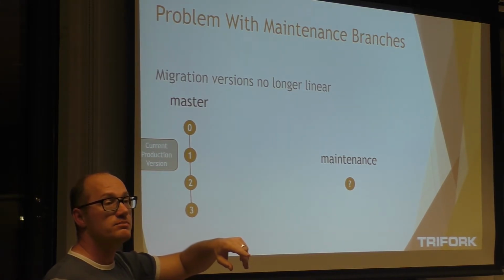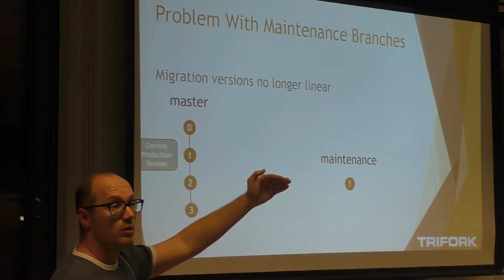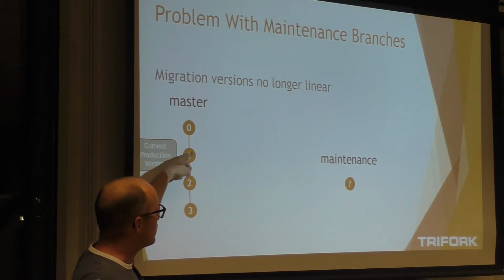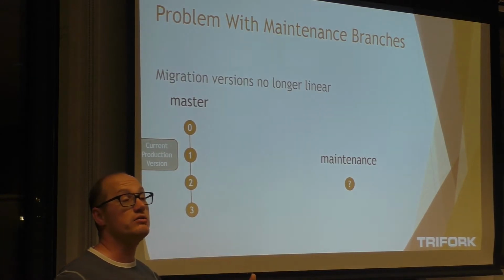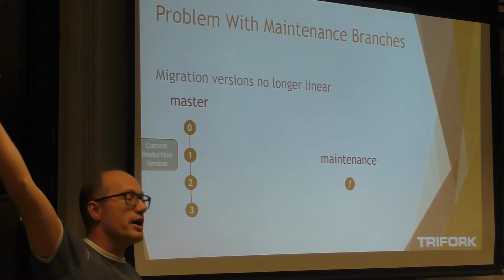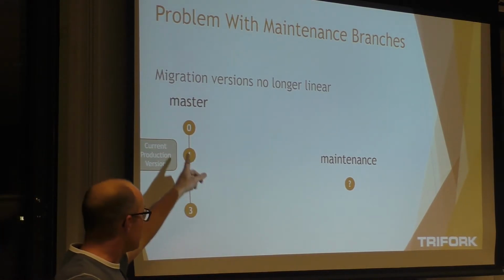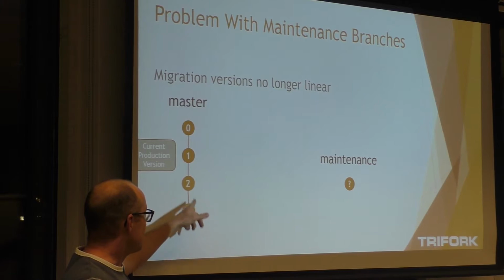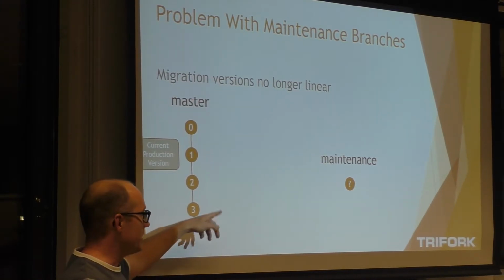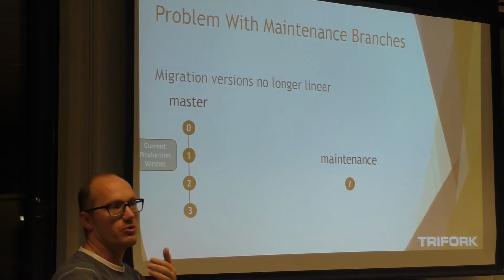If you would do that and deploy, the production database would go from version 0 to version 1 to version 4, which is fine by Flyway. They don't have to be consecutive, they just have to be higher numbers. But later on, when you deploy your master, it says it still needs to apply versions 2 and 3. By default, Flyway will refuse, because you're already on version 4.